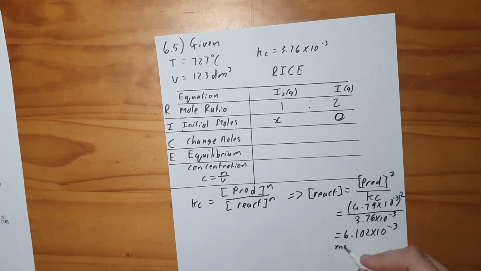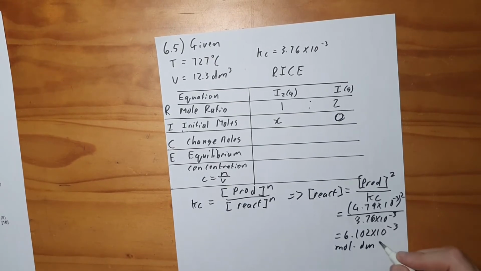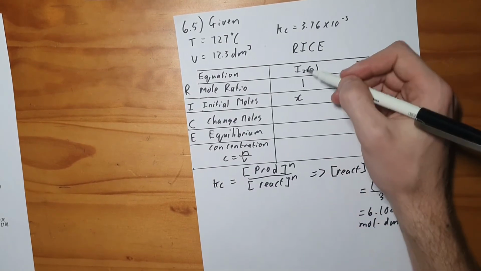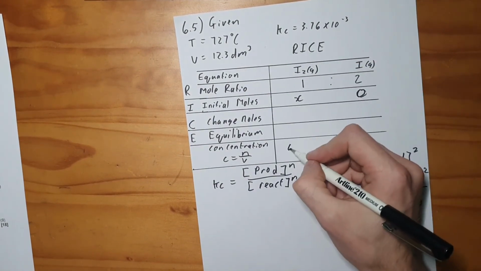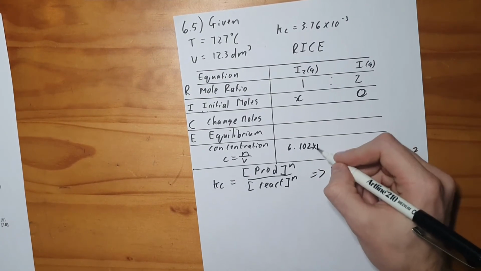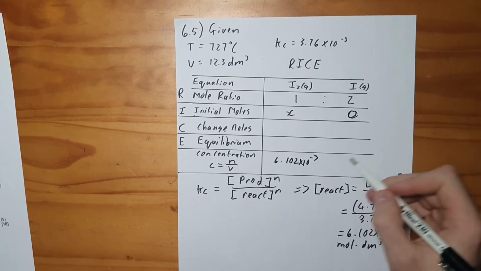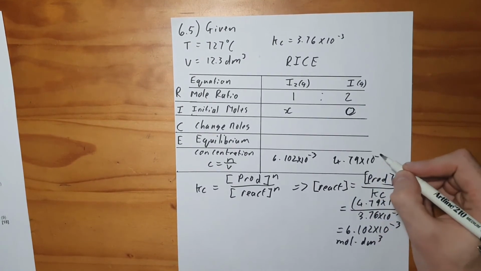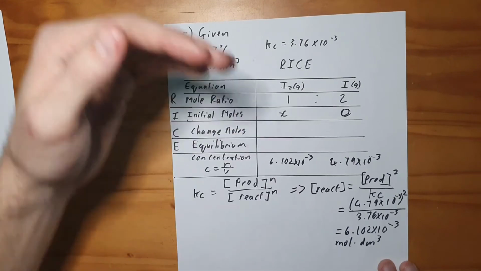Remember that's moles per decimeter cubed because that's my concentration. Now I have this concentration for I2, so I can fill that in. 6.102 times 10 to the negative 3. We have this one as well, that's 4.79 times 10 to the negative 3.